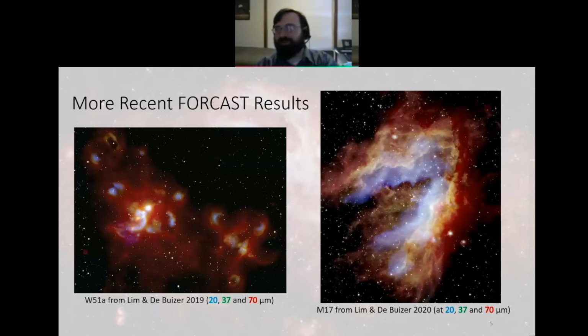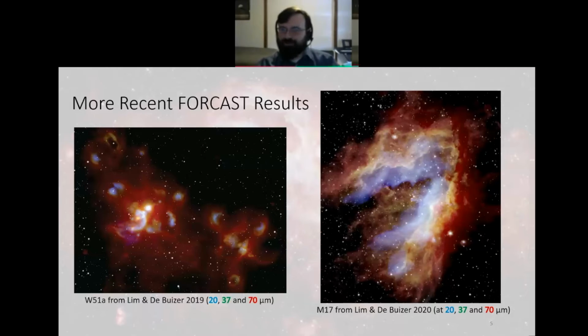This is work that's led by Wang-Yi Lim and also Jim DeBiser, basically looking at these galactic star-forming regions. So on the left you have W51A, and on the right you see M17, and these are combinations of FORCAST data at 20 microns, 37 microns, and 70 microns.